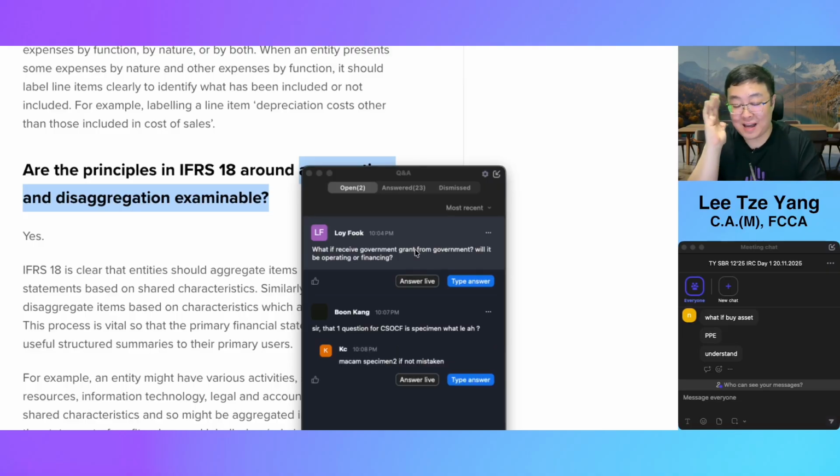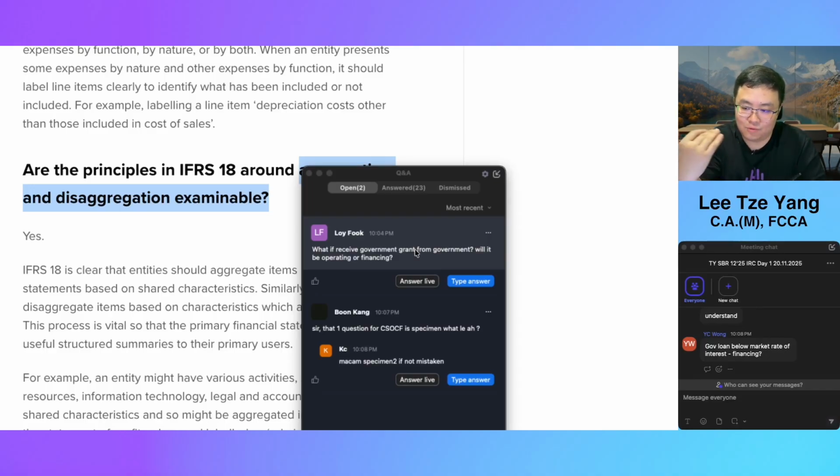But most of the time, I think it will be operating unless you can say it is related to financing or investing.